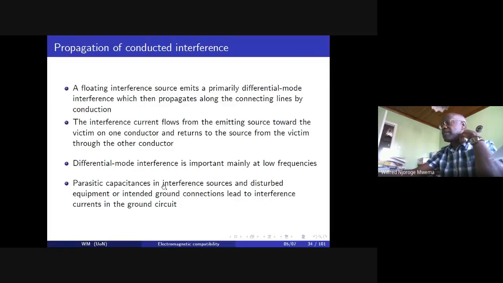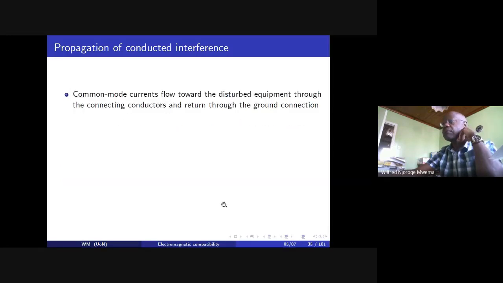We could also have the skin effect issues of capacitors and inductors there, and therefore the voltage, that is a potential difference between the ground point of the victim and the ground point of the source, will introduce a voltage drop, and therefore we can see that that will generate some kind of interference voltages, so to speak, because this will be sinusoidal as well.